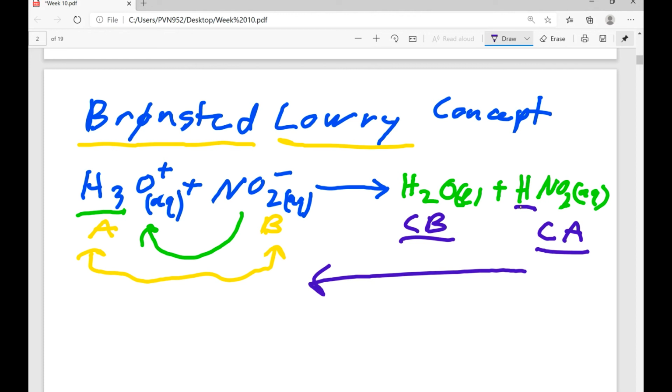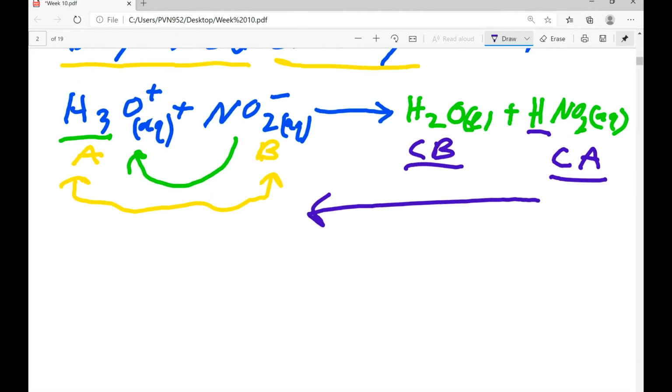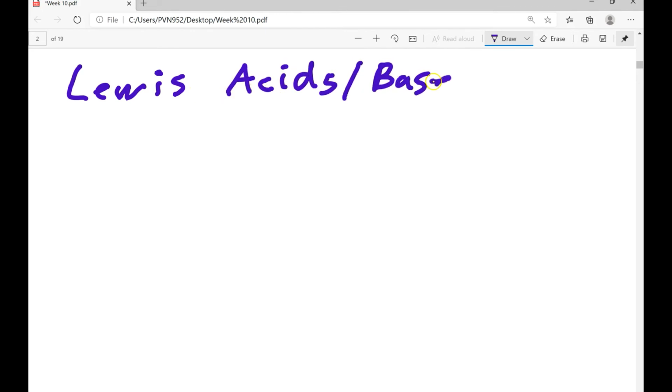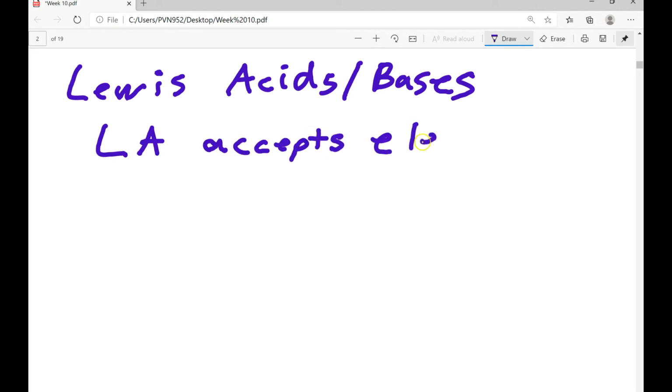The last concept that we'll go over that's super important for inorganic chemistry is the Lewis definition of what an acid is. So we can talk about acidity in terms of Lewis acids and bases. I always remember a Lewis acid accepts electrons.